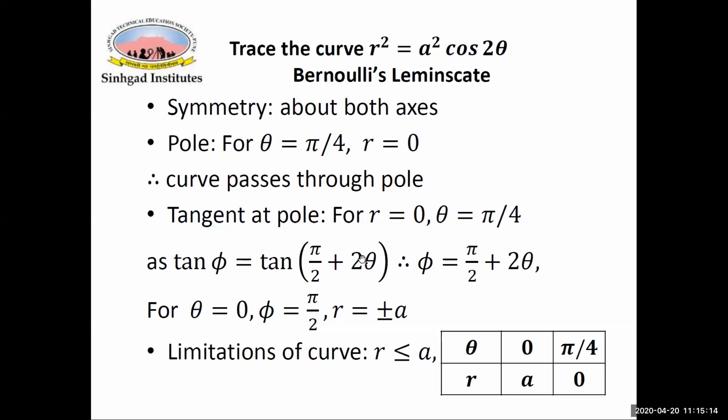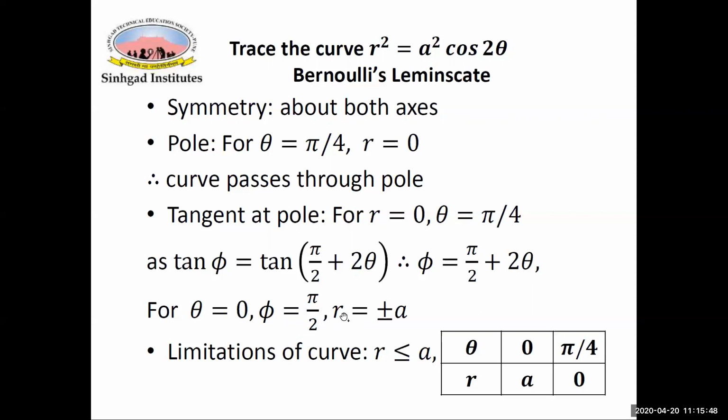Write theta equal to 0. When you write theta equal to 0, you have phi equal to pi by 2. Hence, at the origin, the tangent will be a perpendicular tangent. The angle made by the tangent at the origin, along the x-axis, will be 90 degrees.